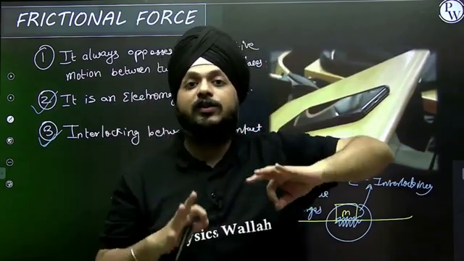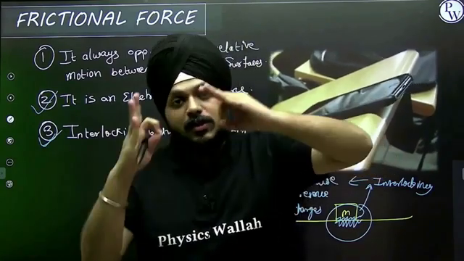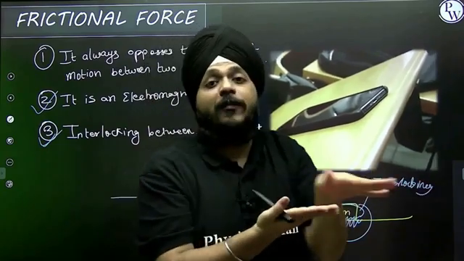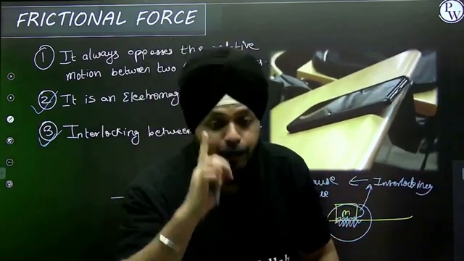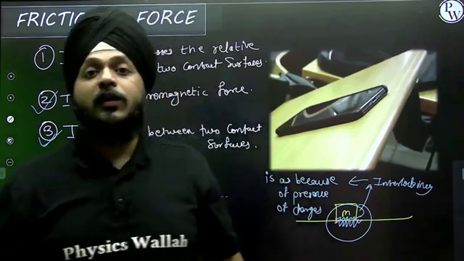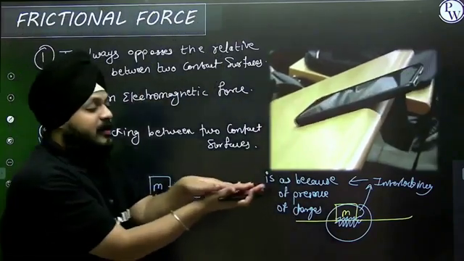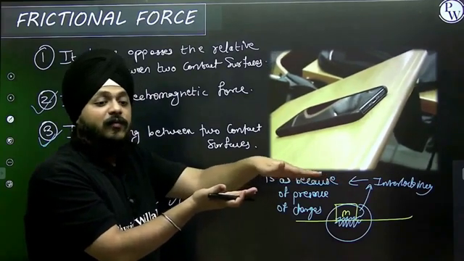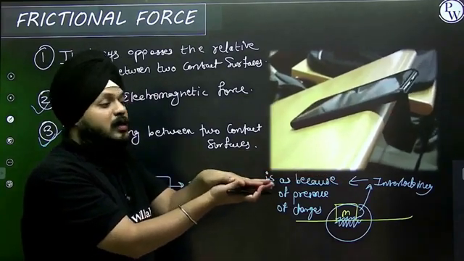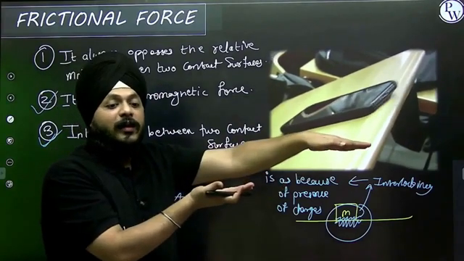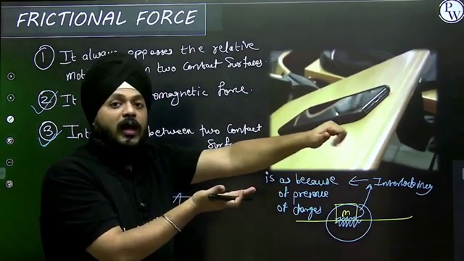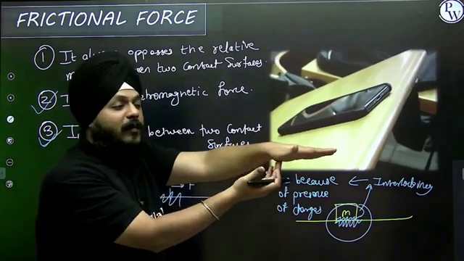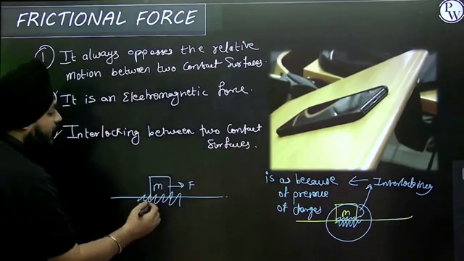The direction of the friction is decided in such a way that we can oppose, not stop, the relative motion between the two surfaces. Suppose this is M, and it is moving this way. Friction will oppose the relative motion. For the upper one, it will act in the backward direction.